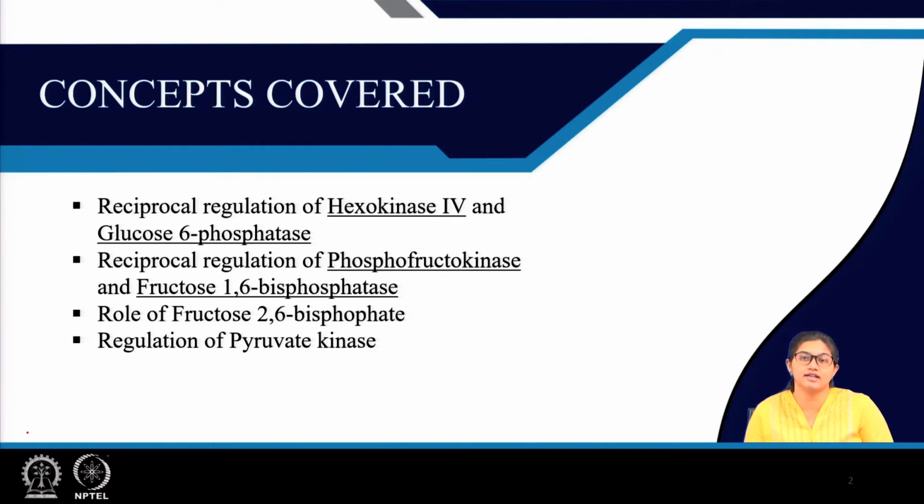Hexokinase 4 is the enzyme of glycolysis and glucose 6-phosphatase is the enzyme of gluconeogenesis, and how these two are reciprocally regulated. Similarly, another level of reciprocal regulation is at the level of phosphofructokinase present in glycolysis and fructose 1,6-bisphosphatase, which is present in gluconeogenesis.